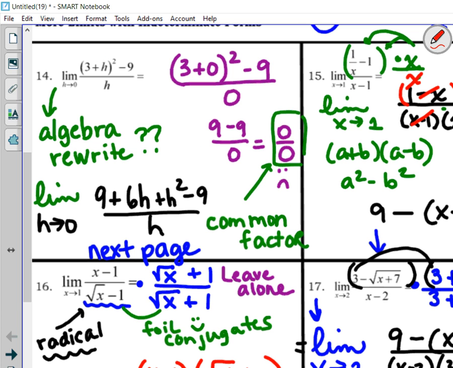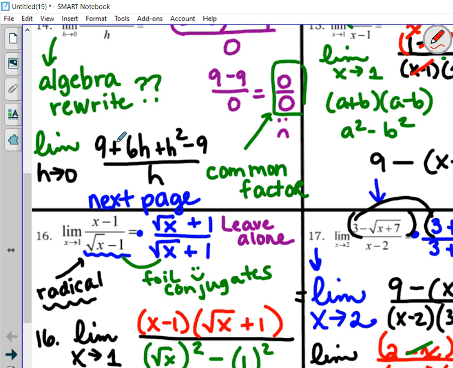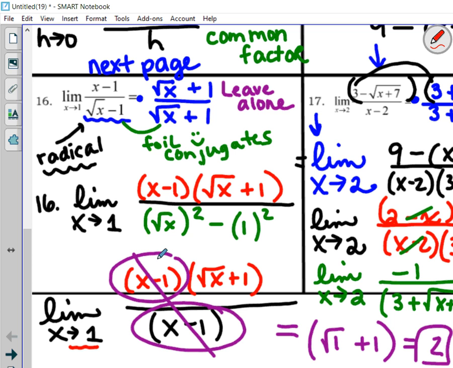Okay. Once I do the algebra operation, though, the goal will be the same. Every time I do something, I'm going to hopefully get to a point where I see a common factor that comes out, because the common factor that I divide out is what is making the 0 over 0. If I can take away the common factor, that takes away the 0 over 0 scenario, and then I'm able to see the limit.